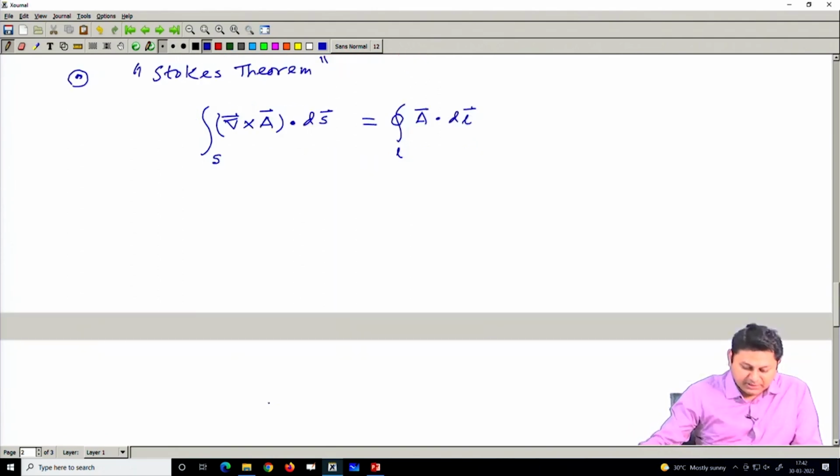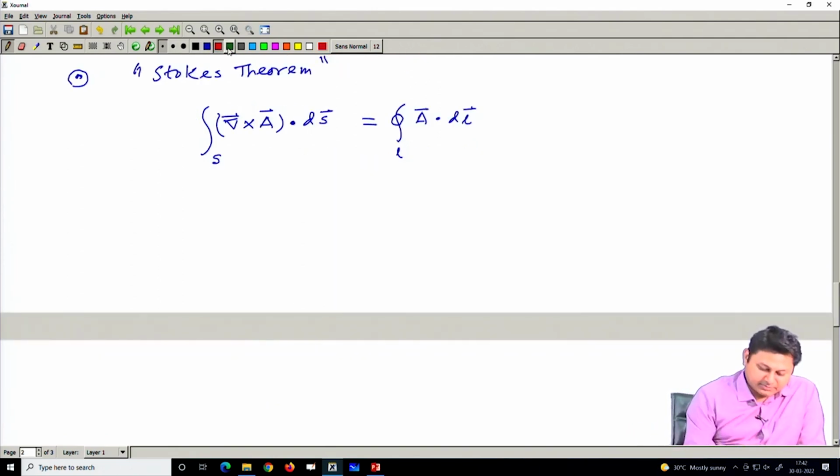And what is the physical meaning? I must mention that also. What is the physical meaning of these things? What does it measure?